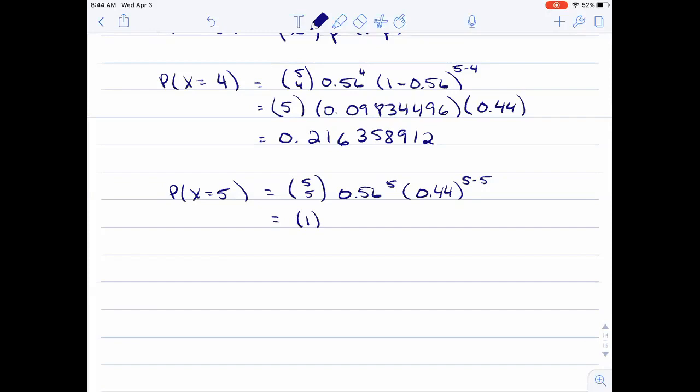And then 0.56 to the power of 5 is 0.055073178. 0.44 to the power of 0: anything to the power of 0 is just 1.